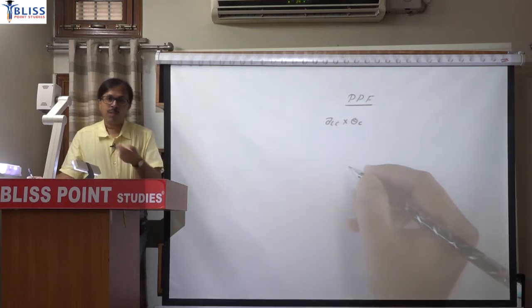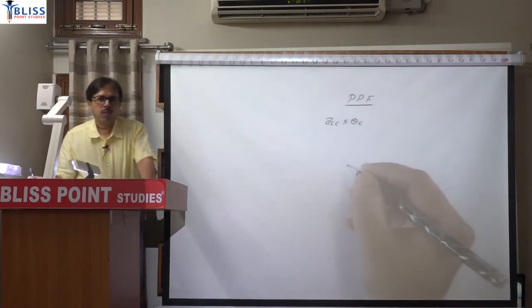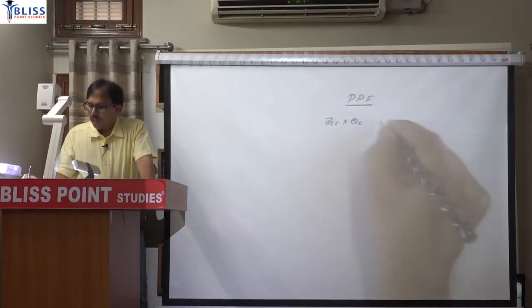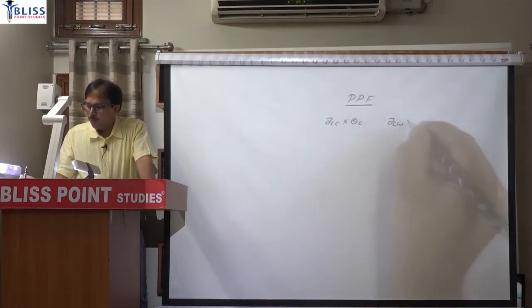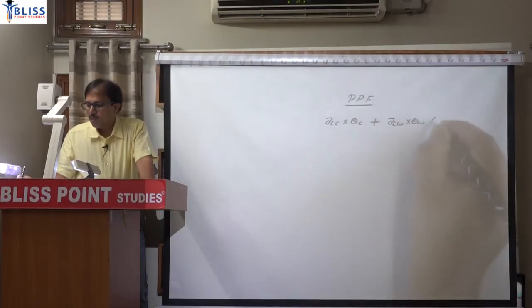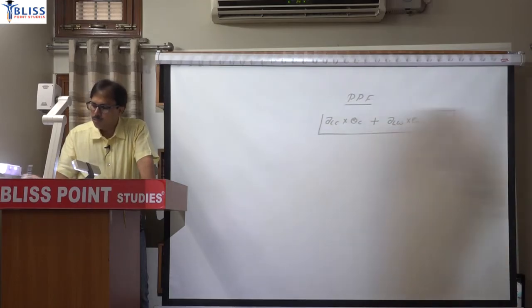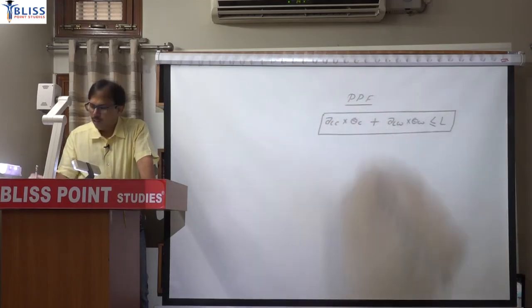If you multiply it by the quantity of cheese produced, then this is the total time allocated to cheese. And ALW multiplied by quantity of wine, then this will be the total time allocated for wine, and if you add, then this must be less than or equal to the overall labor. Okay, this is the equation of the production possibility frontier.